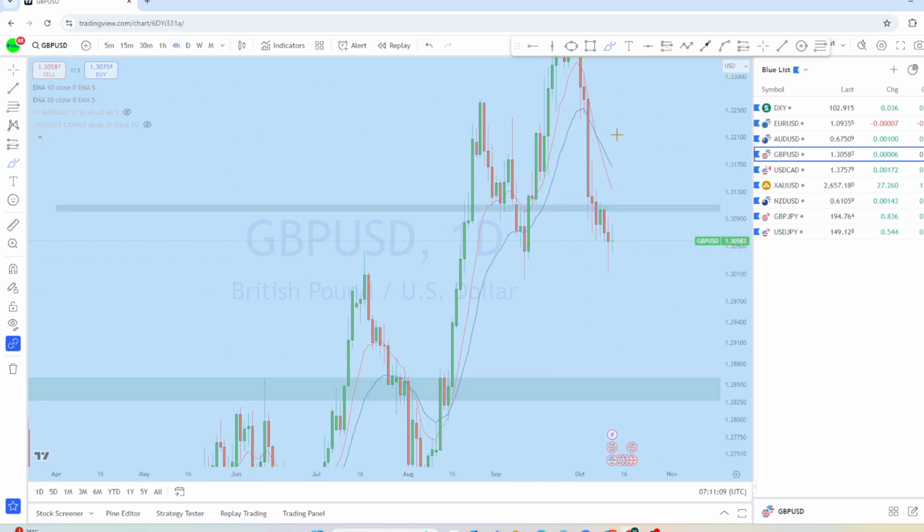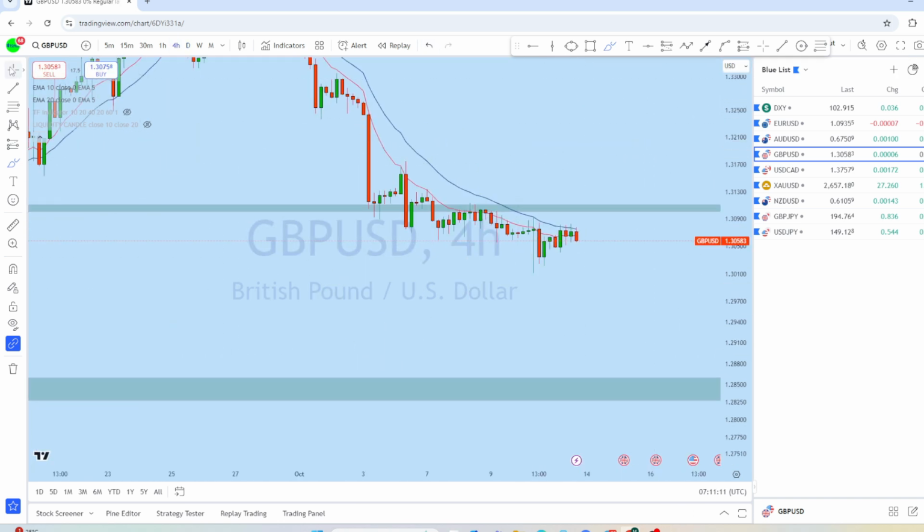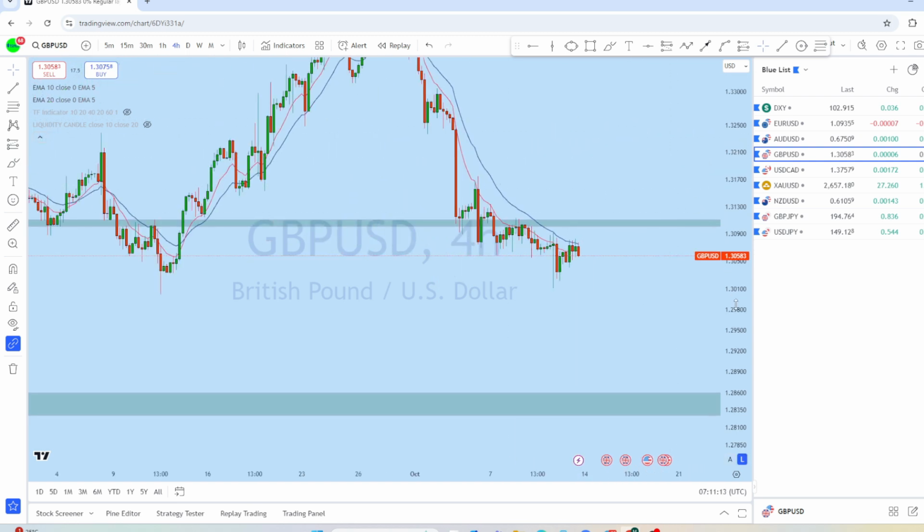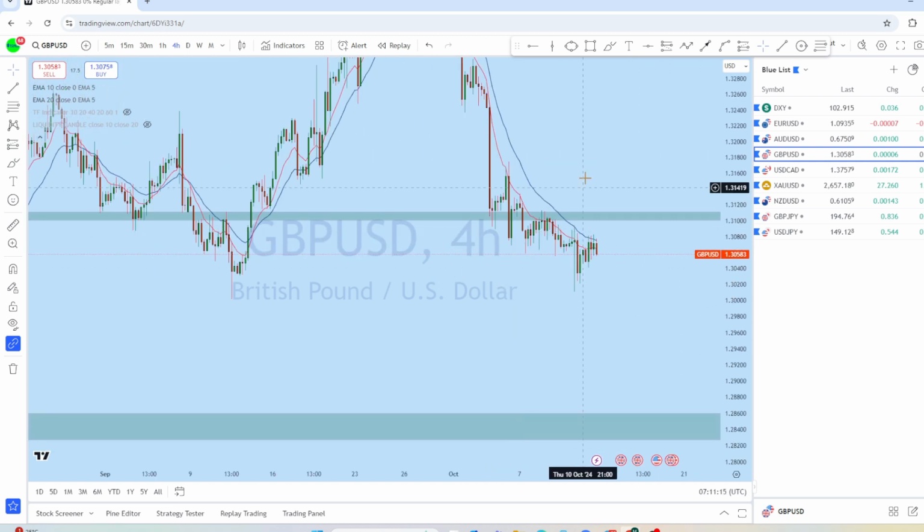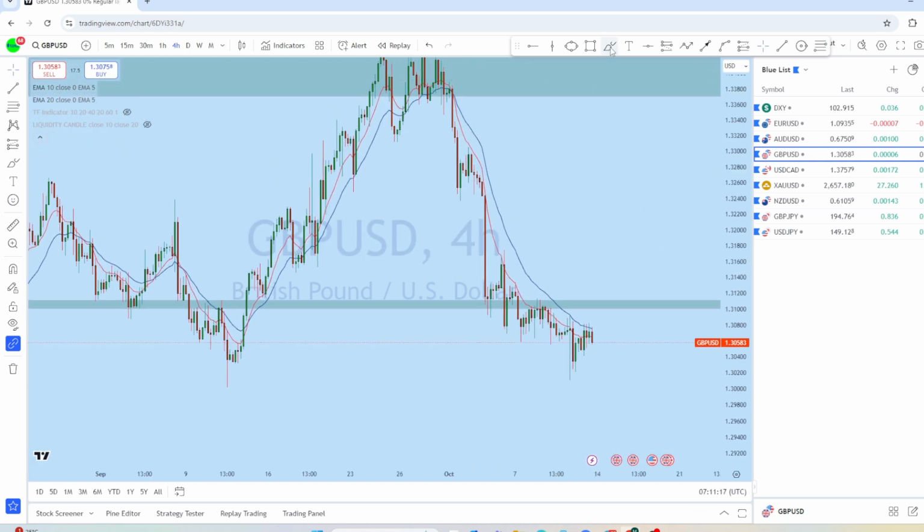Now from the 4-hour perspective on GBPUSD, this is where we can see the market is in a very strong downtrend. There is a big drop, pullback, another drop, pullback. So the market is forming a series of lower highs, but at the same time the market trend is slowly getting exhausted.